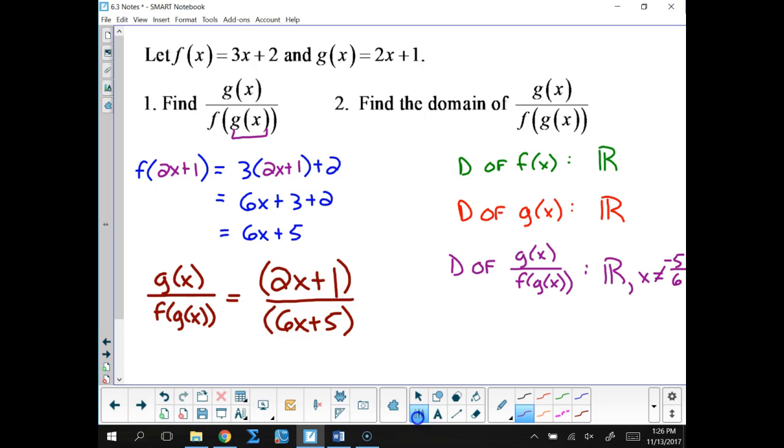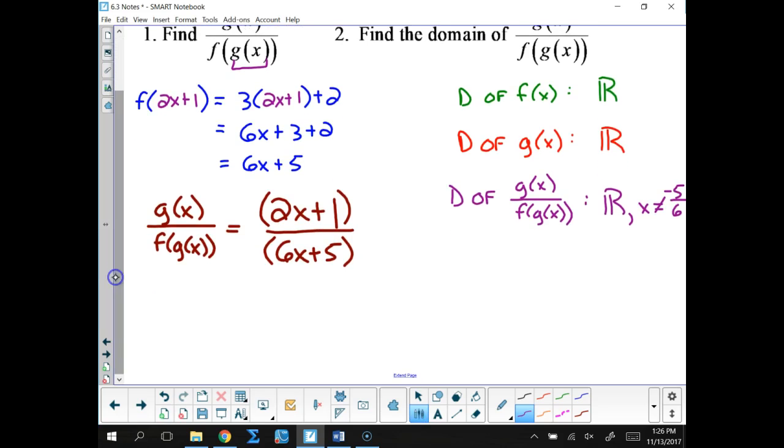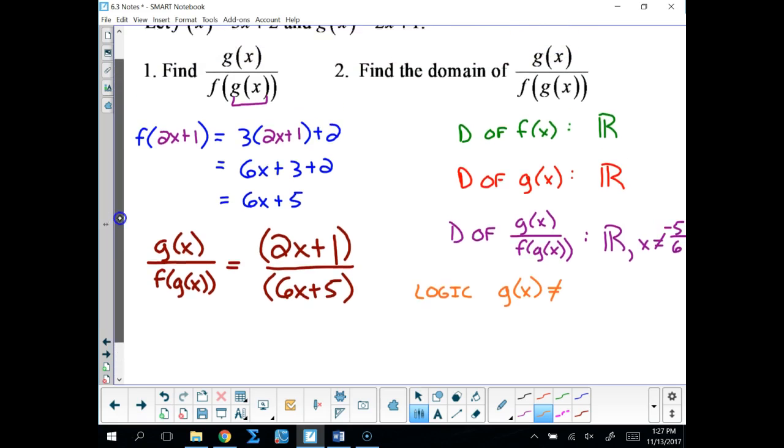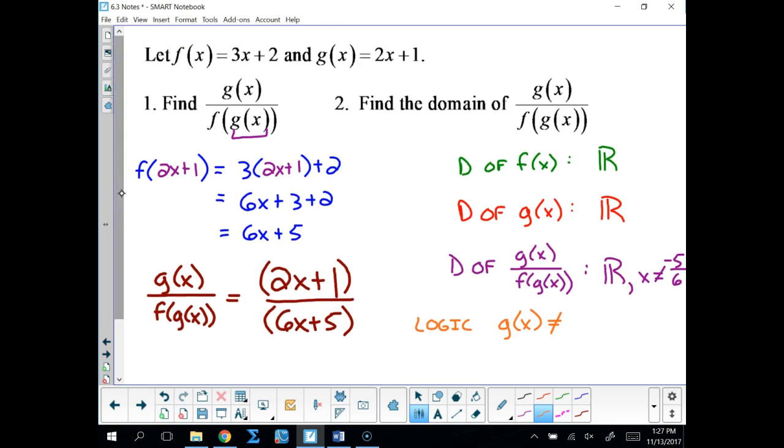And I get out 2. g of x can't equal what? g of x can't equal negative 2/3.